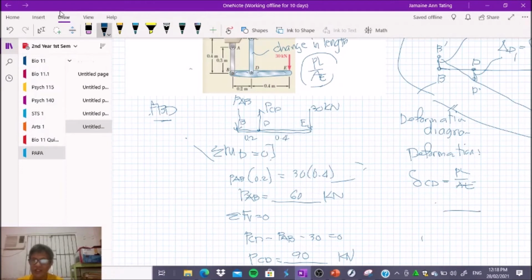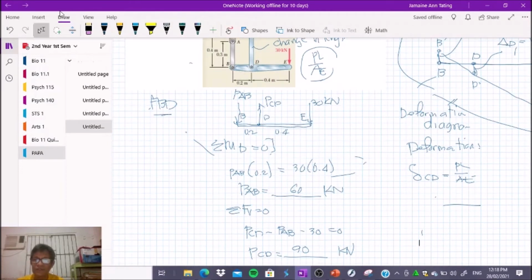Then also for delta AB, so PL over AE again. And you can solve for this.